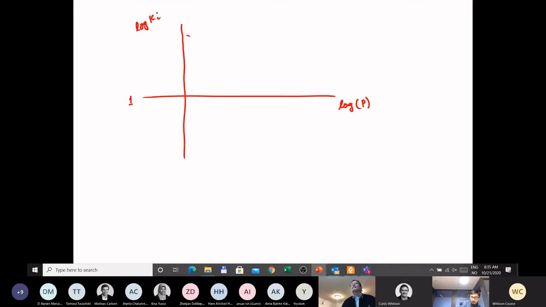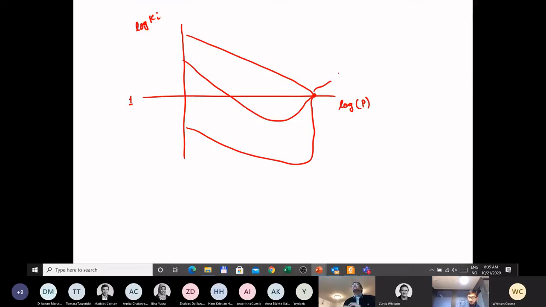We were discussing that these K values, it's a very bad figure actually, but all the K values tend to converge at one pressure. That's your convergence pressure. And the K values at these high pressures, so if I just separate these, this is, for example, your high pressure.